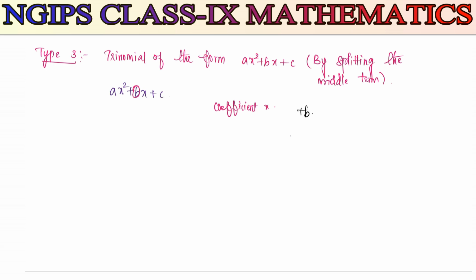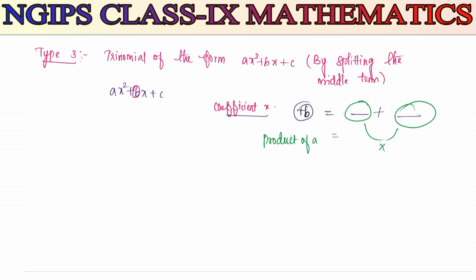Now listen carefully, this coefficient of x, this b, we have to split into two parts. When you add the two parts, it should be equal to b, and when you multiply them, it should be equal to the product of a and c.